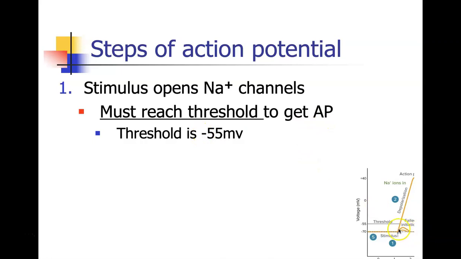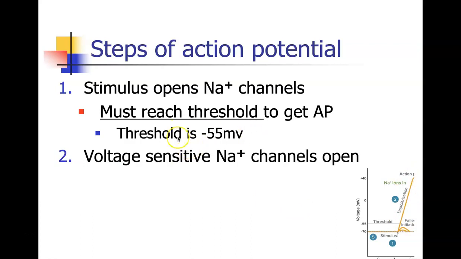In this graph down here, we can see some failed initiations. A stimulus comes, the cell depolarizes a little bit, maybe a little bit more, but not enough to reach threshold. So that cell will not have an action potential. Only if the signal is strong enough that enough sodium comes in to get to threshold, then you see an action potential.